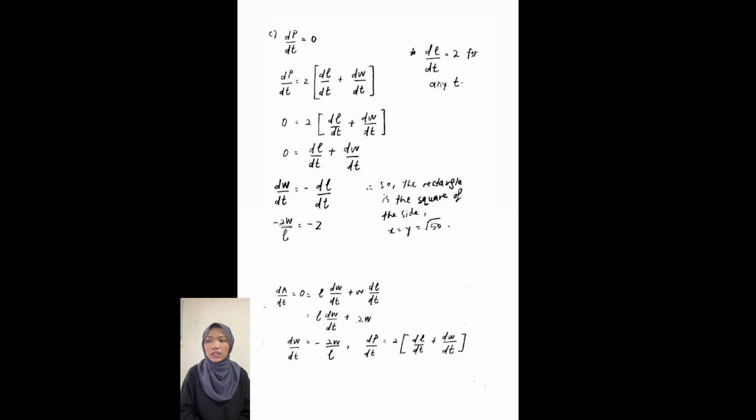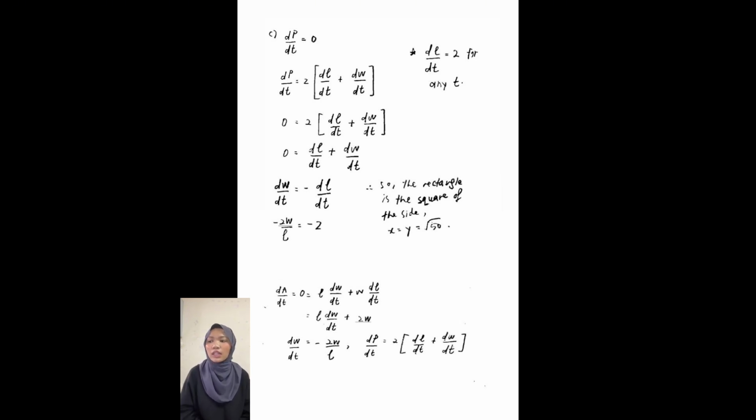And lastly, question C asks for the dimensions when the perimeter ceases to decrease. Here we will have the equation dP/dt equals 0. Then dP/dt equals 2(dL/dt plus dW/dt), and substitute the value of 0 into dP/dt.